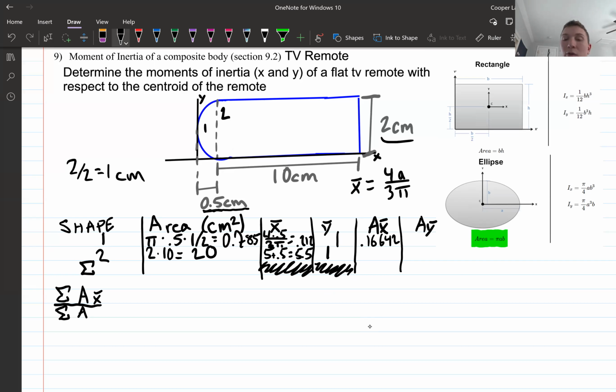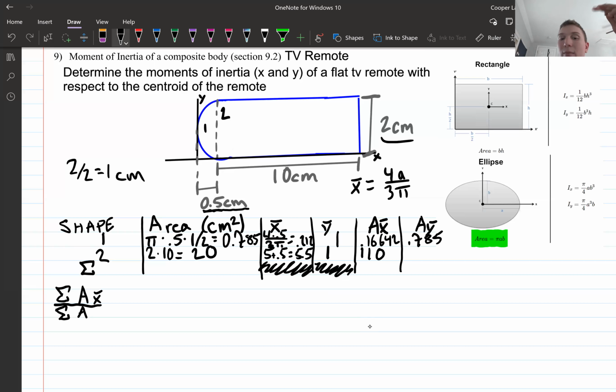I take that 20 and multiply it by 5.5, and 20 times 5.5 gives us 110. Now we start working on our A times y bar. We take our 0.785 and multiply it by 1, and you end up getting 0.785 back.